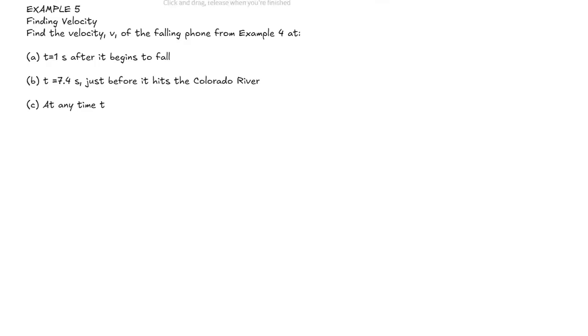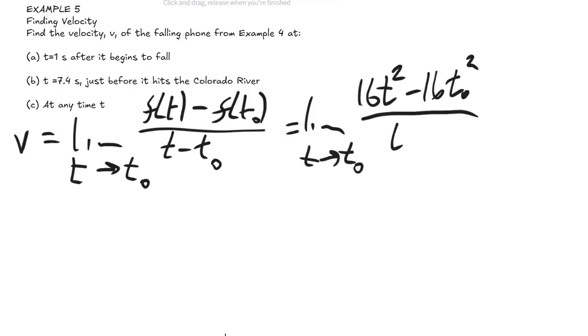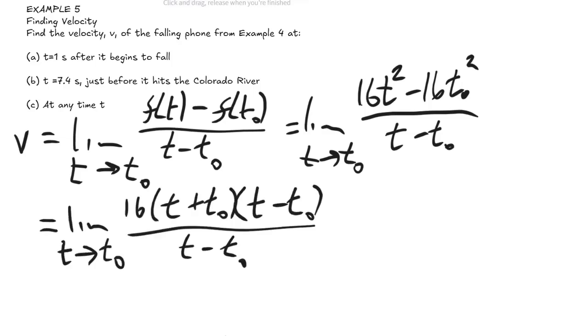For the last part, we're going to do this in general. So at any time t, v is the limit as t approaches t naught, and t naught just stands for the initial time, of f of t minus f of t naught all over t minus t naught. We plug it into the functions. Again, we could factor out a 16. Then we would have a difference of squares. We could further factor that, and the t minus t naught factors cancel.